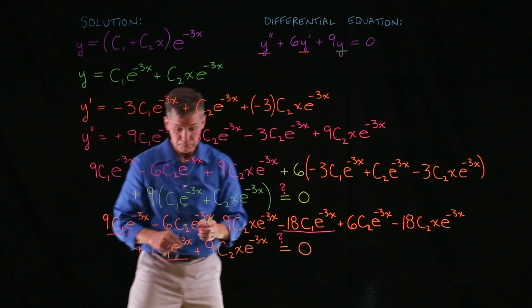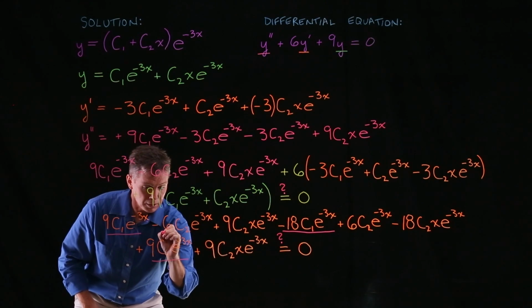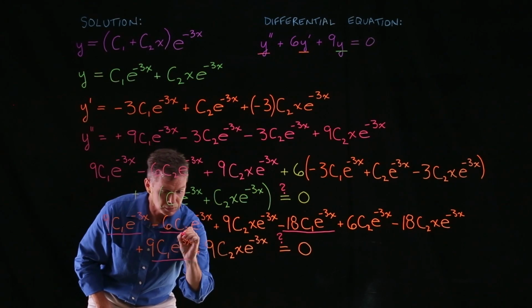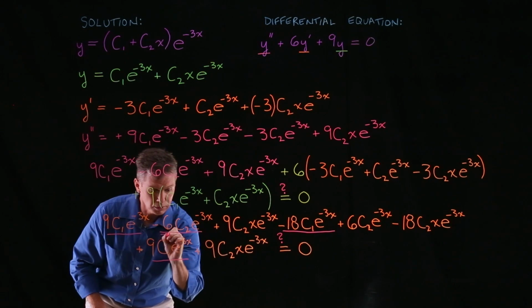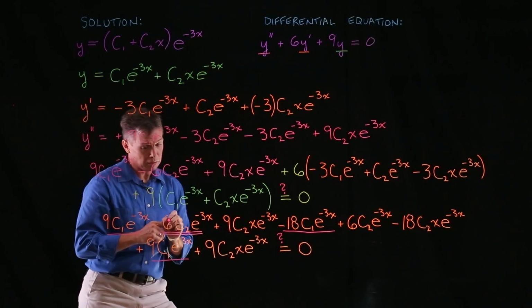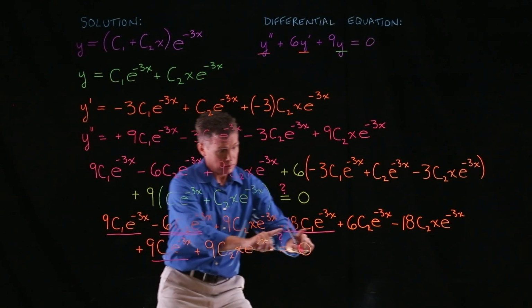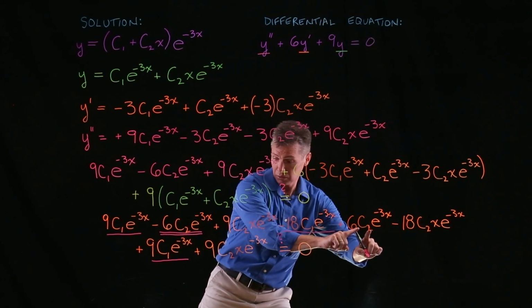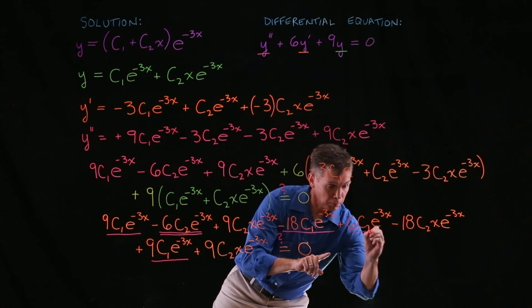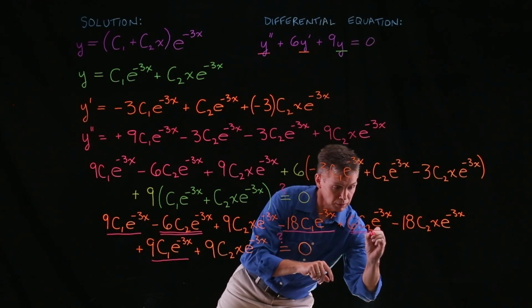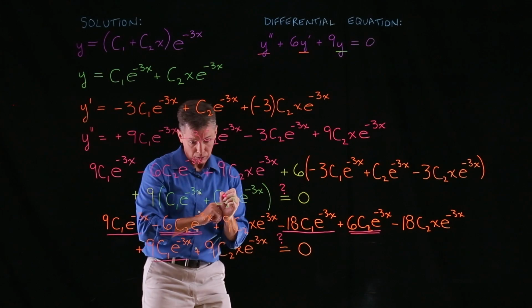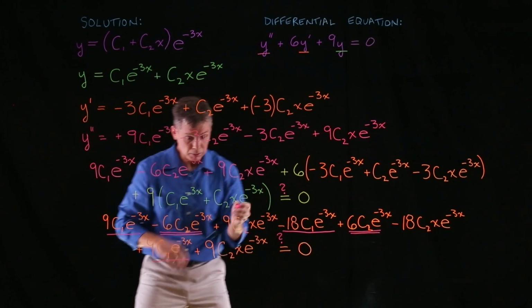Those all go to 0. Let me do this term next, minus 6c2 e to the minus 3x. And if we look at our other c2s, there's a positive 6, and that's all of them, so that goes to 0.